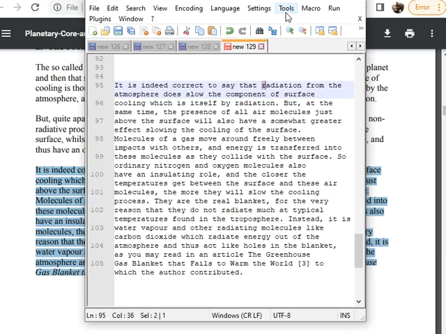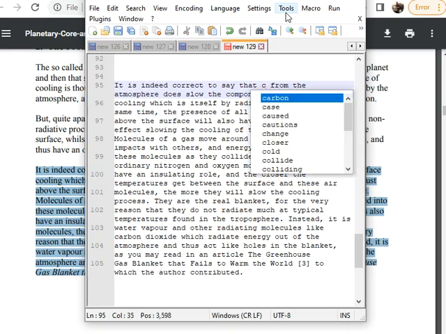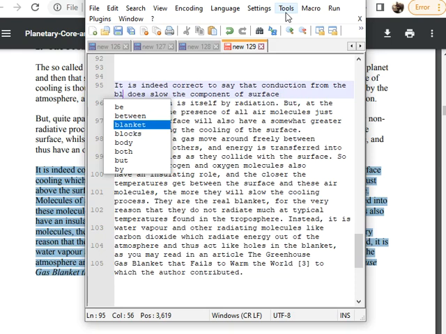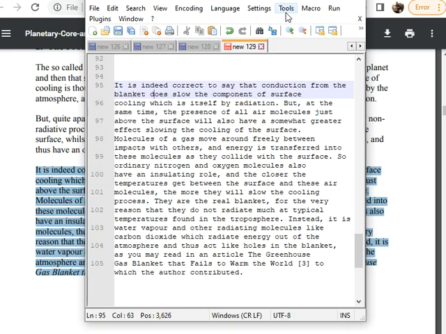It is indeed correct that conduction from the, and I'm going to say blanket here, does slow the component of body cooling, which is itself by conduction.